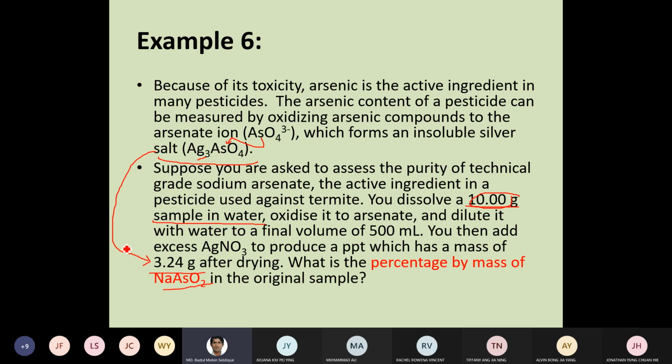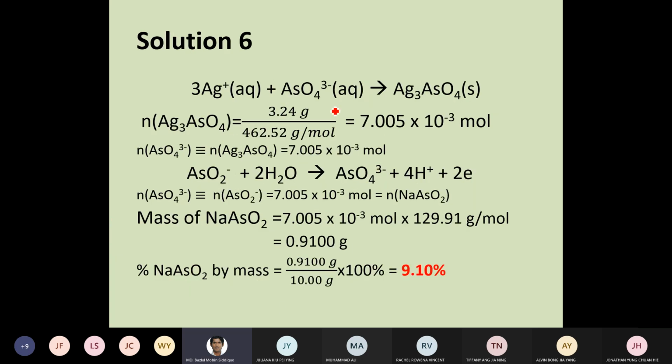Now, one thing can be confusing, that arsenite and arsenate are different symbols. But if we look at the reaction here, sodium arsenate and silver arsenate are actually a 1:1 reaction.